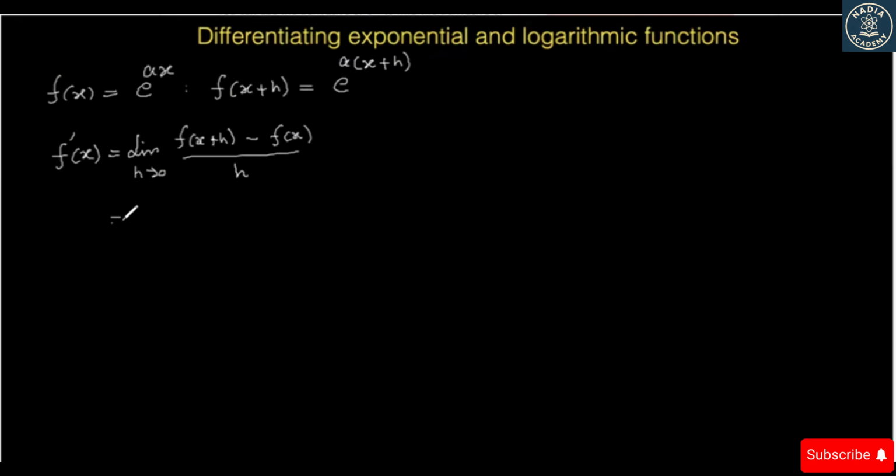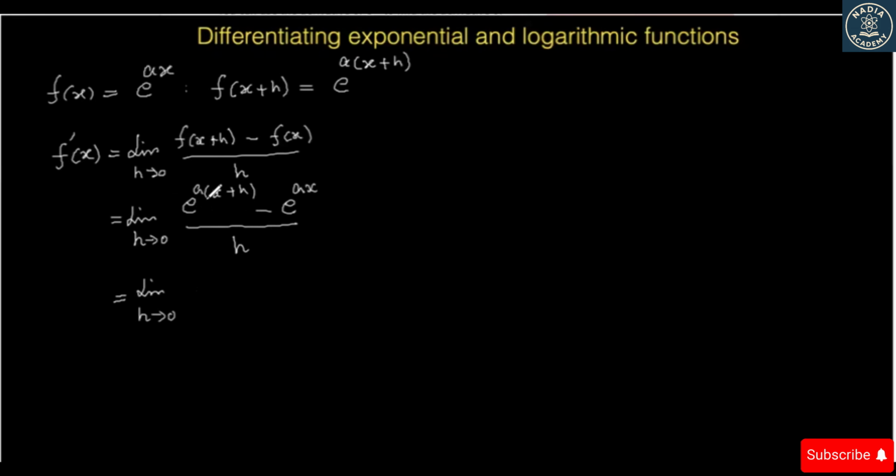So we put both of these functions in this expression, and we get the limit as h approaches 0 of e power a into x plus h, minus e power ax. Remember, this a is a constant number.